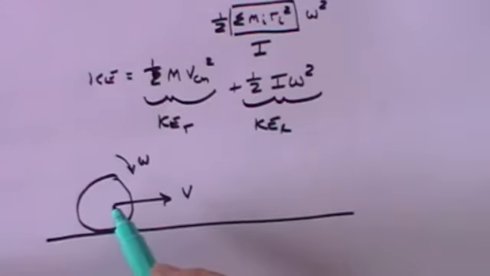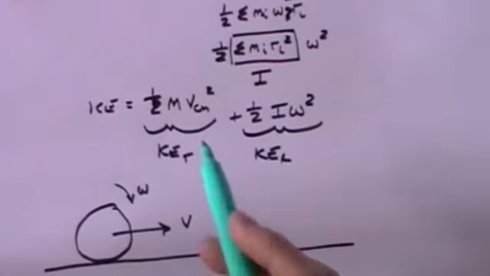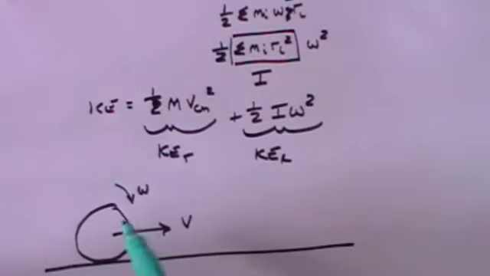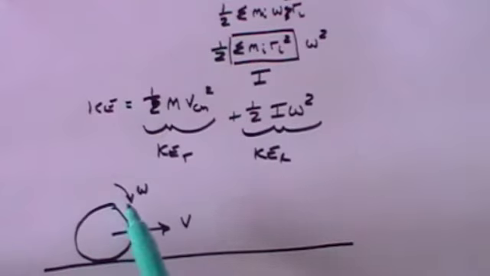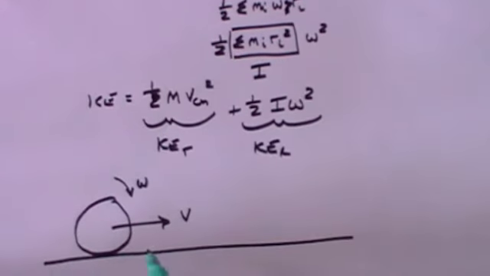Consequently, that wheel will have two lots of kinetic energy. The kinetic energy of the mass of the wheel times its velocity squared, or half mv squared. That's its translational energy. But it will also have an energy of half I omega squared associated with its rotation.